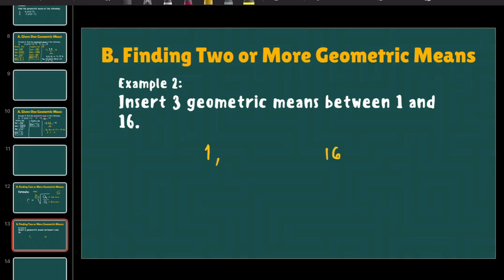So, non-consecutive sila, that means hindi sila magkasunod. And then, meron tayong geometric means in between these two terms, which are 1 and 16. So, we need to insert three geometric means. So, tatlo niyan na blank ang ilalagay natin. Yan yung isosolve natin. So, we call this the geometric means or the GM.